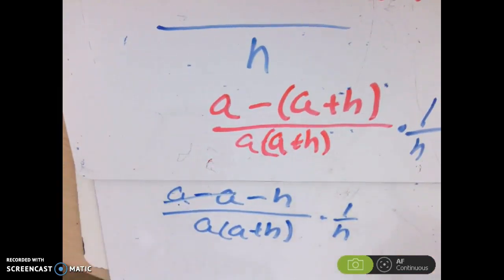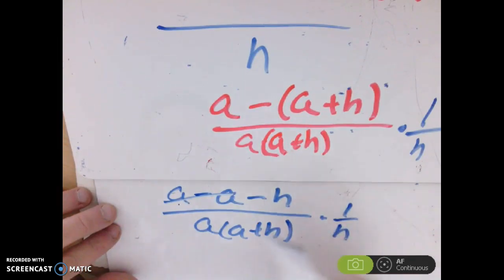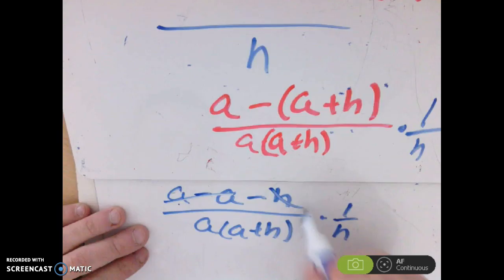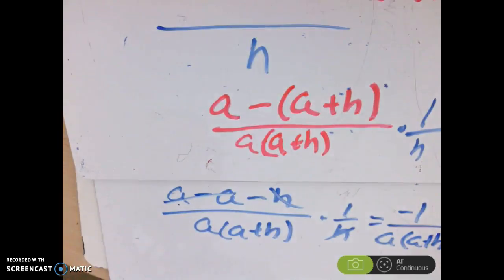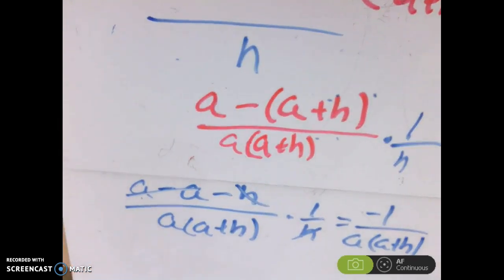Well, now, again, I have factors, right? So I have this negative h and this h. So if I cancel those out, I'm just going to be left with negative 1 over a times a plus h. And that'll be my final answer for that one.